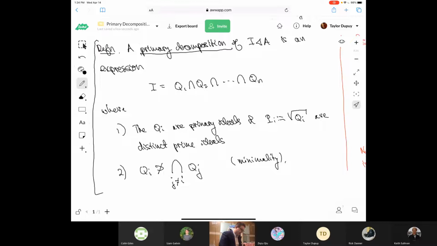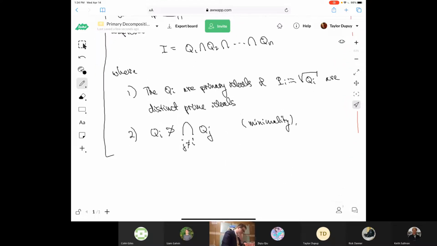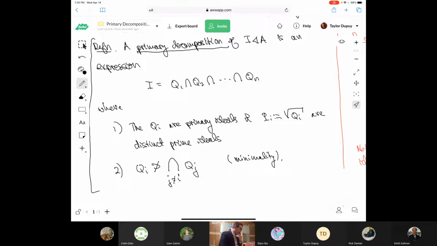Okay, now we're back to this. Let me give some terminology here. I'm just hesitant as to how much I should say about primary ideals, because I know that you had exercises on this before, but I also know that it's been a while. Bear with me for a second. I'm just going to assume that you remember what primary ideals are.